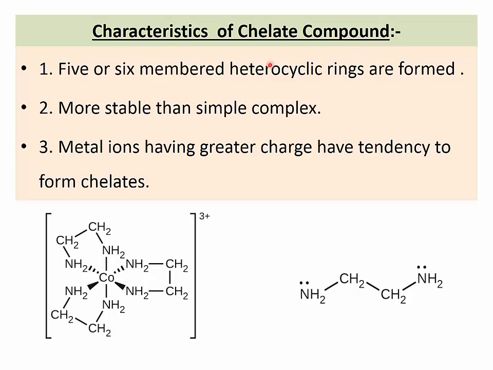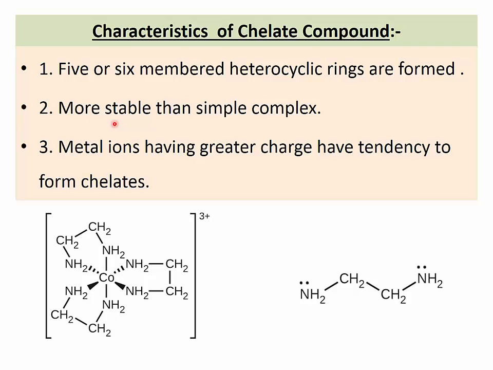Next point, properties and characteristics of chelate compounds. When a multidentate or polydentate ligand attaches to the metal ion through two or more than two donor atoms, then, property number 1, a 5 or 6 membered heterocyclic ring is formed.